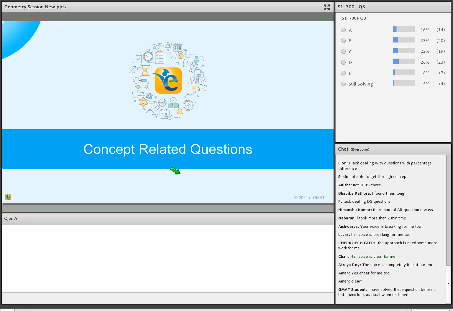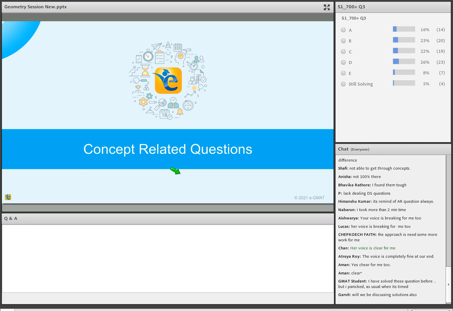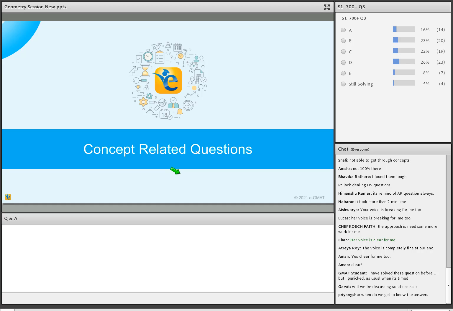GMAT student says, I've solved these questions before, but I still panicked when it is time. That's a very, very common thing. You have to learn how to handle pressure because if you feel panic here, you're definitely going to feel that in the exam, right? So I'm going to show you a conceptual question now.